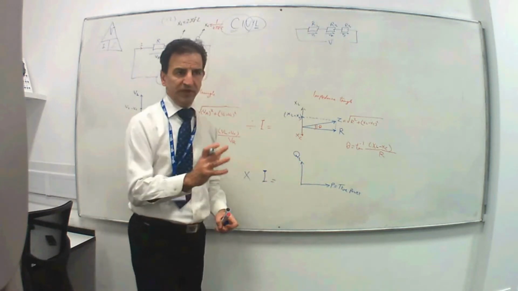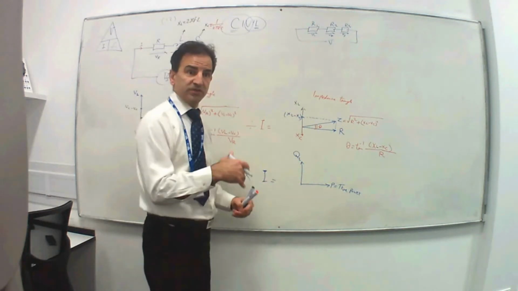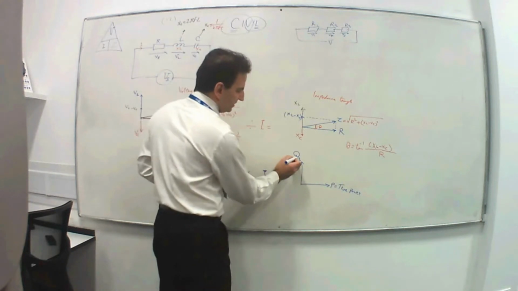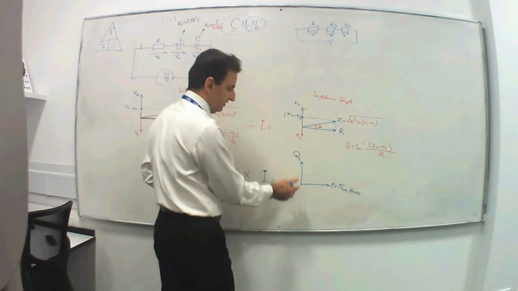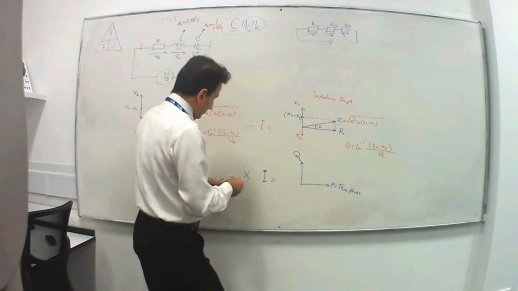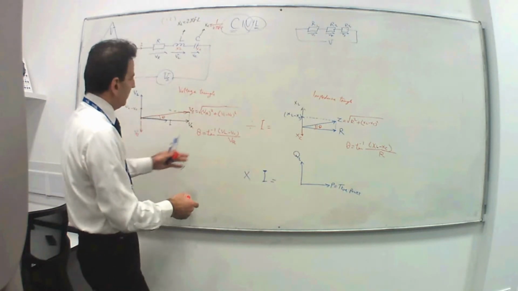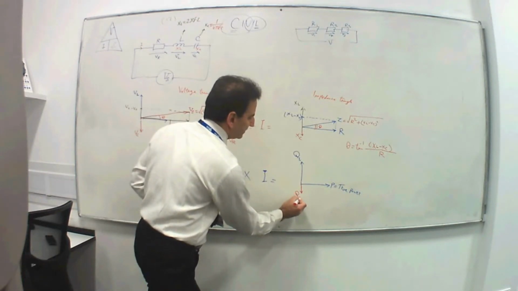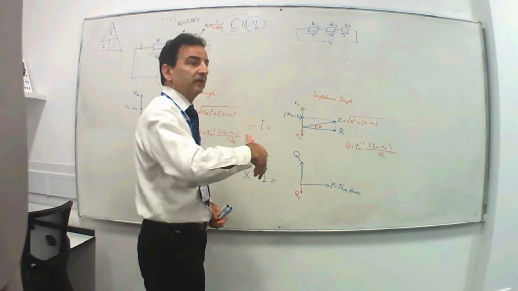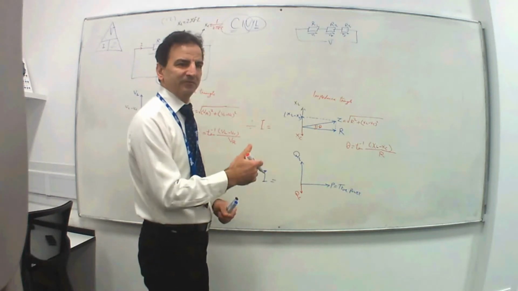Overall, you'll only have one Q, which is the reactive power, but I'll name that because we have two elements of reactive power. One is the inductive, and the other one is VC times current, which will give you QC, the capacitive reactive power.